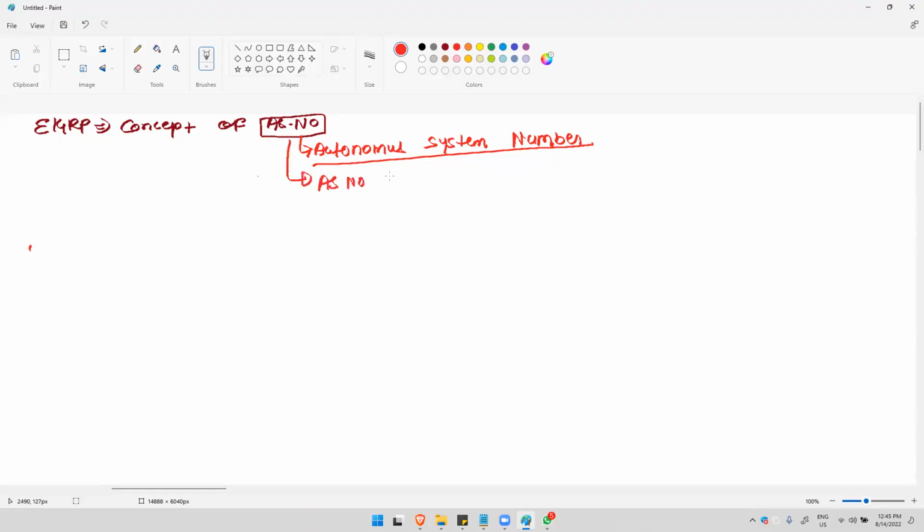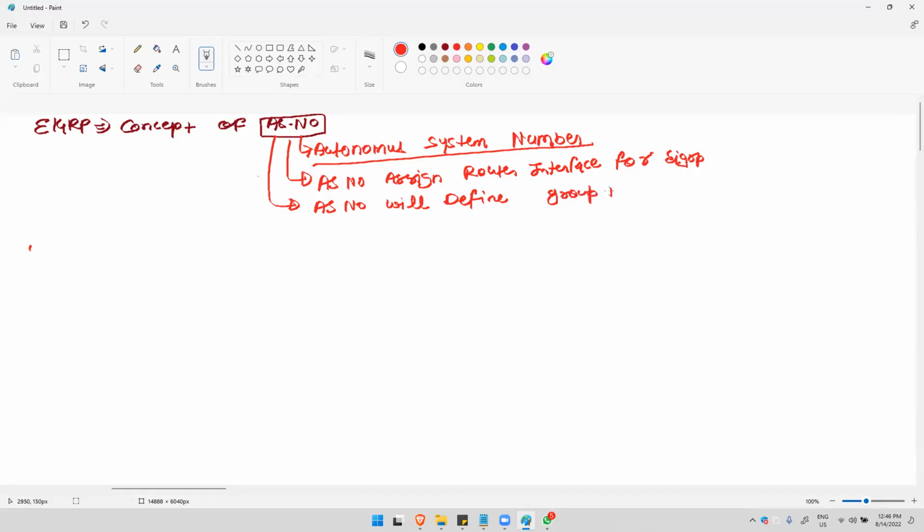Basically, the AS number is assigned to router interfaces for EIGRP. Clear? The AS number will define group info. Which information? Group information.